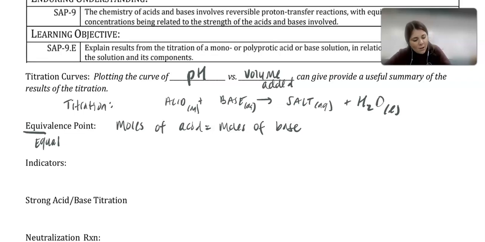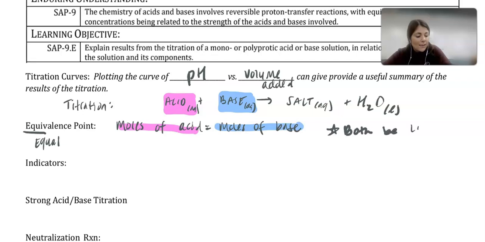So when I talk about the moles of acid equal the moles of base, the moles of acid is talking about my reactant acid, and then my moles of base, they equal each other. So if they equal each other, they will both be limiting reactants. They will all be used up.